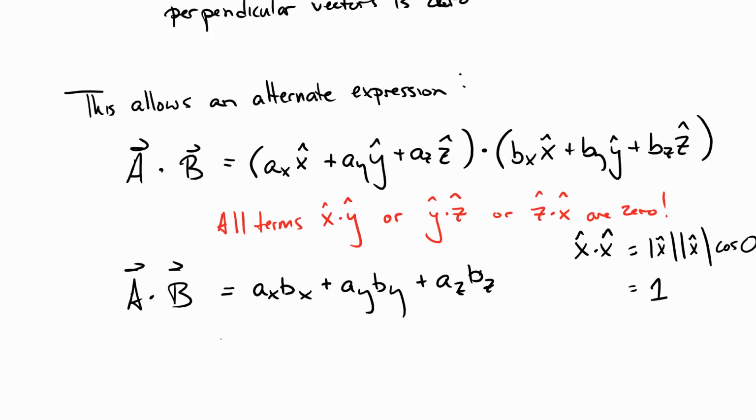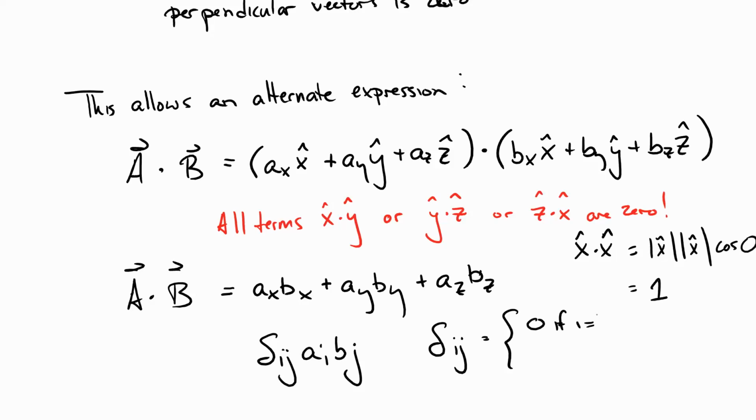Someday down the line, you may see this written in this awesome manner, the Kronecker delta ai bj, and the Kronecker delta is such that it is 0 if i does not equal j, and 1 if i equals j.